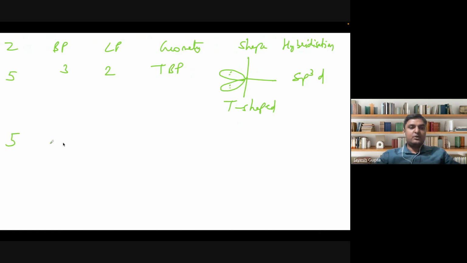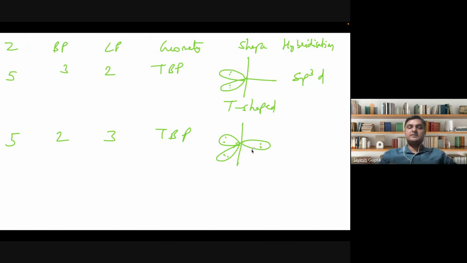Okay, next we are going to increase one more lone pair. So geometry will be TBP. Now here three lone pairs you have to keep. So one here, and one here. The other two valencies are axial.